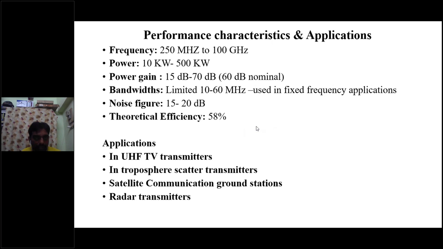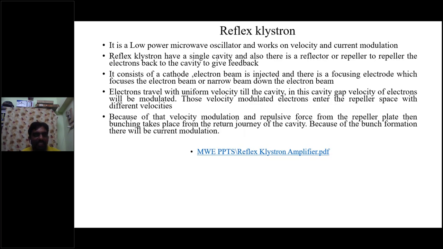Then coming to the last topic, the reflex klystron. Again, this is one of the microwave tubes, and our entire microwave lab is done with the help of this reflex klystron. What about the inputs? I want to find the waveguide parameters for rectangular waveguide and circular waveguide.